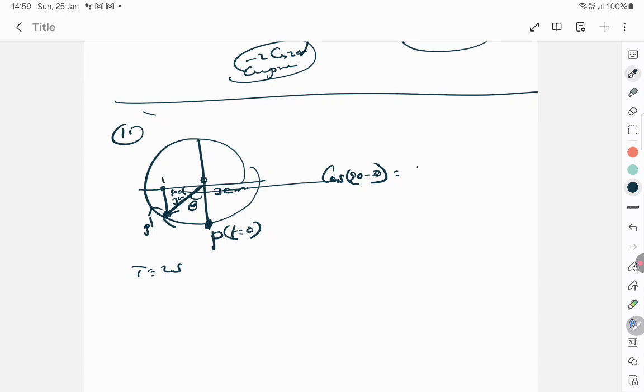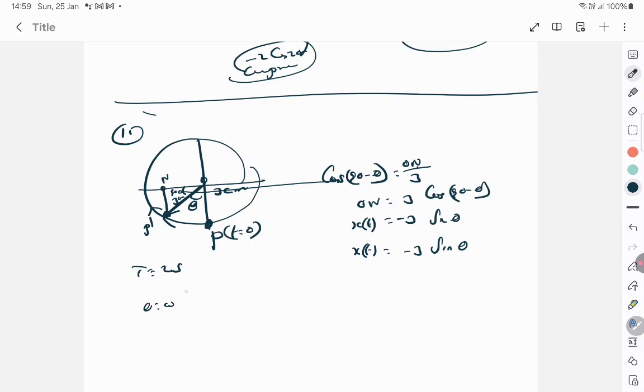Let's consider this is ON, and the hypotenuse is 3. So ON is equal to 3 cos(90 minus theta), so can I write 3 sin theta? But since it's directed towards the left, I can insert a negative sign here. So x of t therefore is minus 3 sin theta. What is theta?